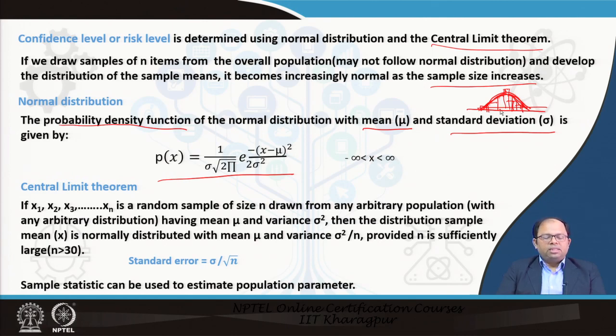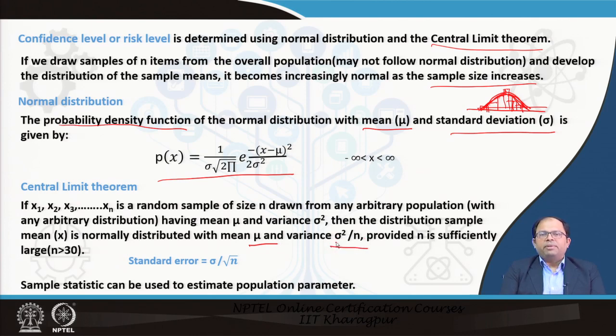So what it means is, if I draw a random sample of size n from any population with mean mu and variance sigma square, and the sample size is more than 30, then the sample mean would be more or less normally distributed, and not only that, it will have the same mean as the population mean, which is mu, and the variance would be sigma square by n.